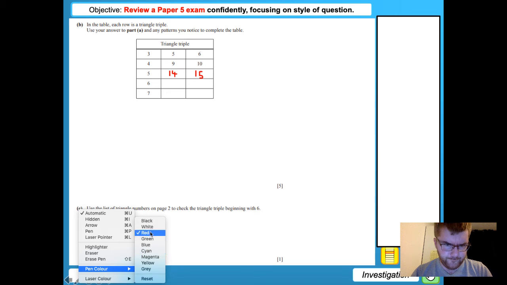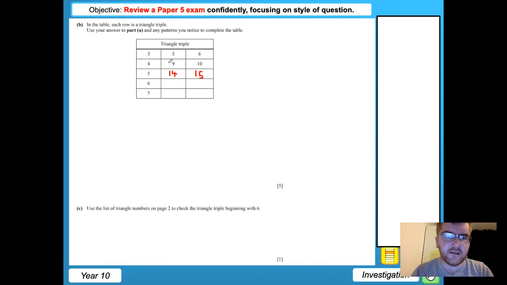So if we look at these numbers here, we've got plus 4. Here we've got plus 5. So notice the next one would need to be plus 6, like so. So this would give us then 20, and then the next one would be plus 7, giving us then 27.